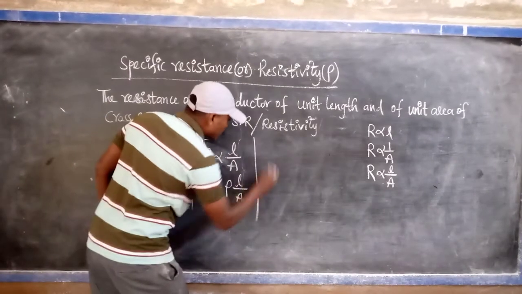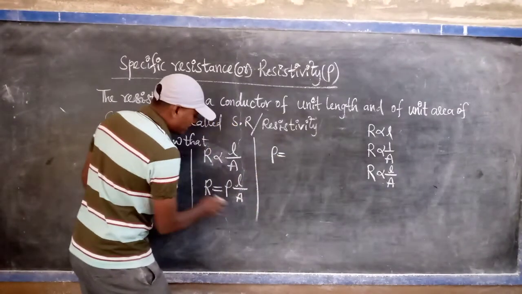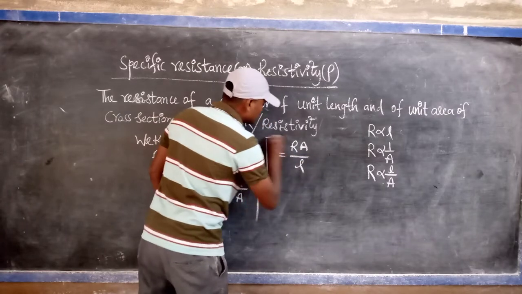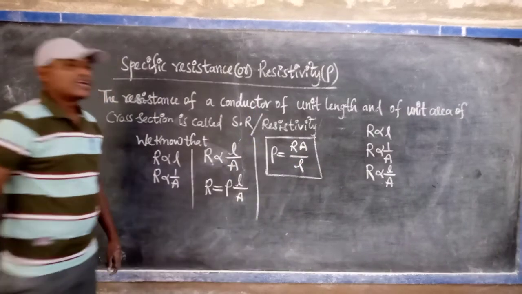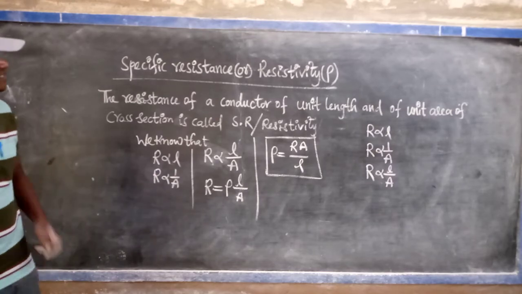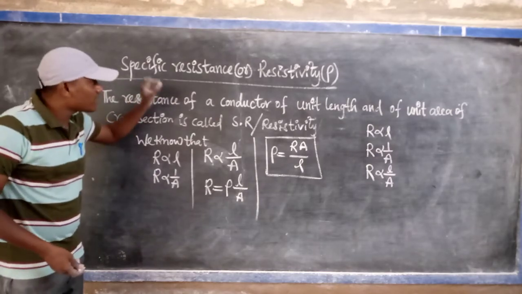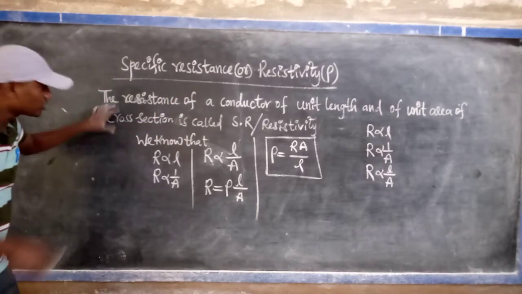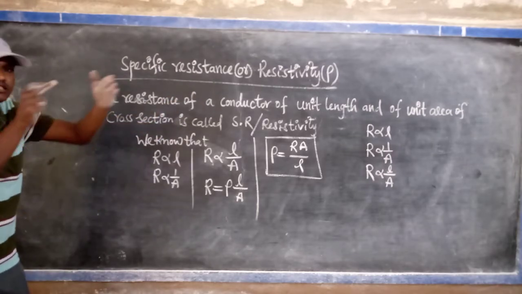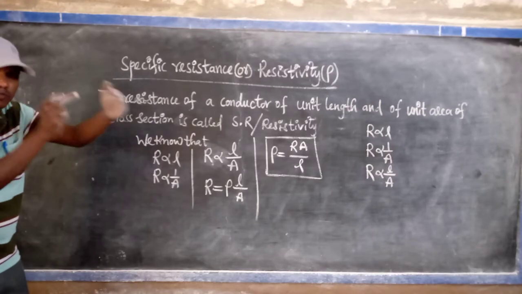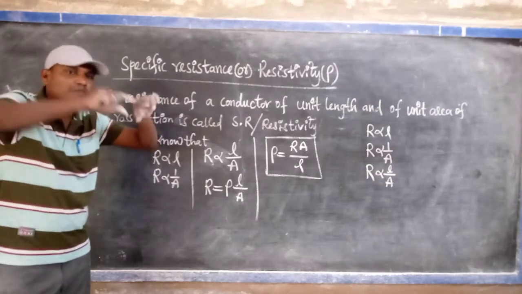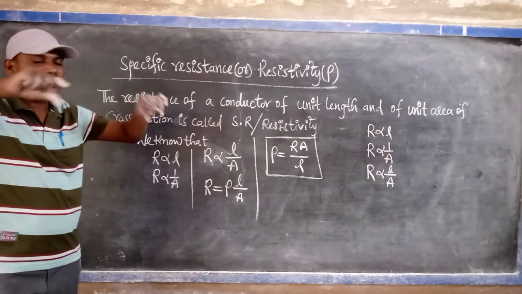Now from this, rho is equal to R A upon L, with A transferred to this side. This is the formula of specific resistance or resistivity. For a conductor of unit length and unit area of cross section, both length and area are fixed values, for example 1 meter length and 1 meter square cross section.